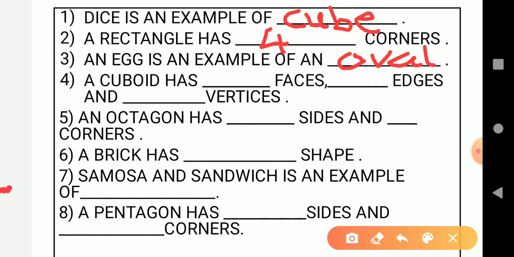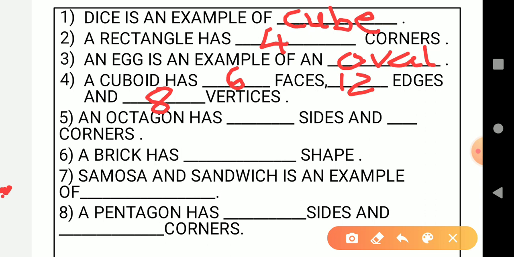A cuboid has how many faces? Yes, 6 faces. And 12 edges. And how many vertices? Yes, there are 8 vertices.